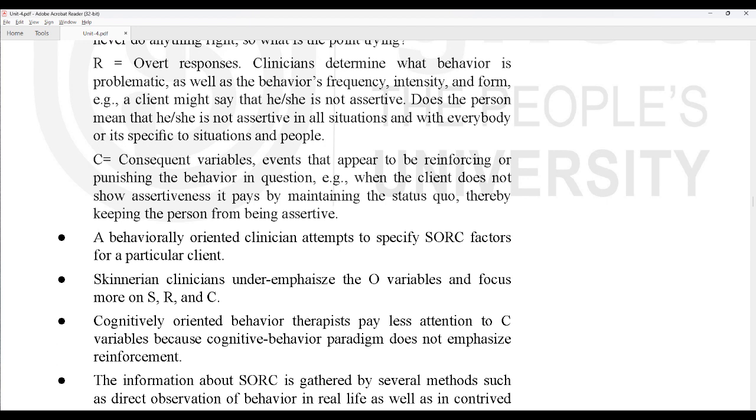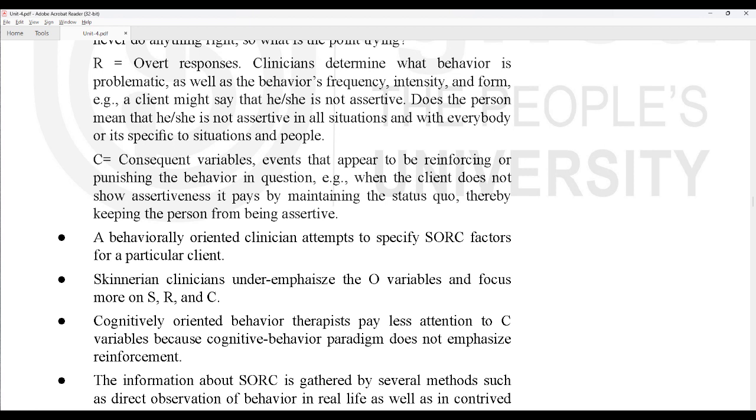R equals overt responses. Clinicians determine what behavior is problematic, as well as the behavior's frequency, intensity, and form. For example, a client might say that he or she is not assertive.